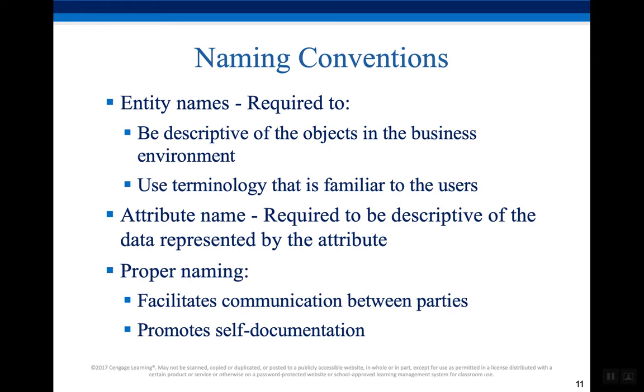Same thing with attributes and fields: they are required to be descriptive of the data represented by that particular attribute or field. And why we do this is it facilitates communication and promotes self-documentation. As we develop applications, it's not a one-time thing.